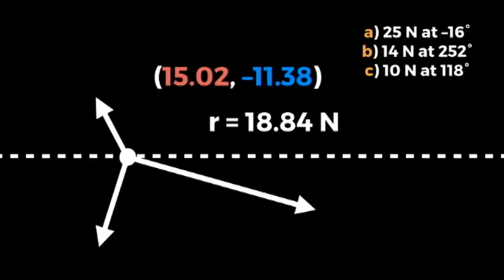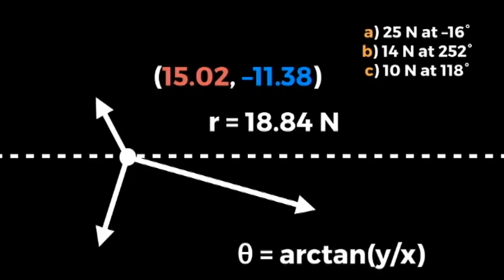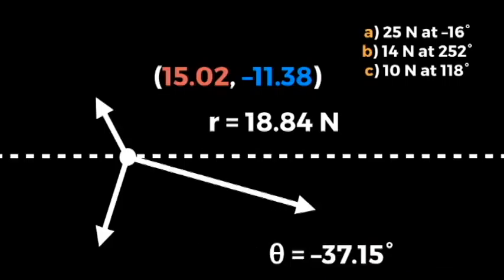Now, to find the angle of the vector, we can use basic trigonometry to find that theta is equal to the arctangent, or the inverse tangent, of y over x, where y again is the y component and x is the x component. Plugging these numbers in, we get that theta is equal to negative 37.15 degrees.